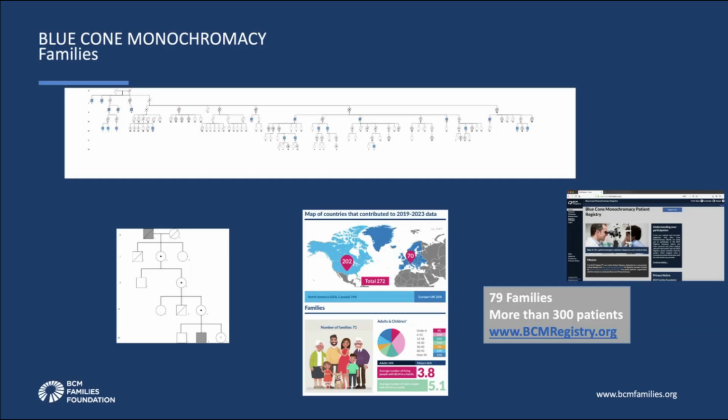And we know that there are large families with more than 20 people affected, and others in which the disease appears after several generations. The average number of people affected in each family is about 4. And this is the reason why we call it the BCM Families Foundation.